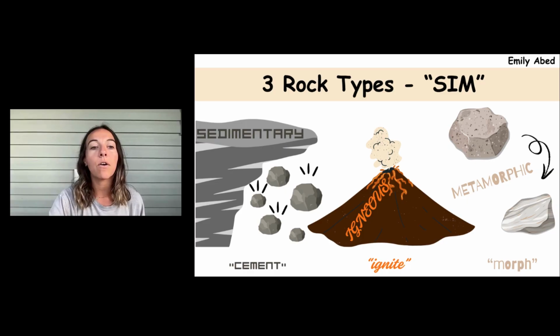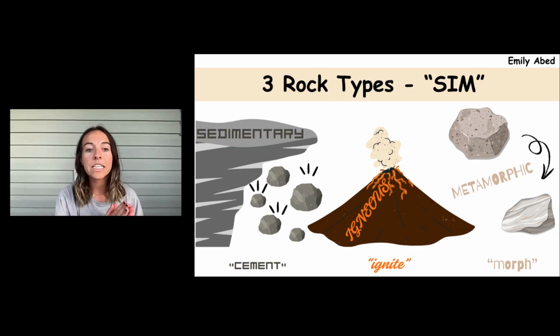Then I decided to also build in the keyword method. At the bottom, sedimentary rock sounds like cement, which is built of little pieces of rock that are put together. I always like to associate words that I know to a word that I don't necessarily know or am learning.